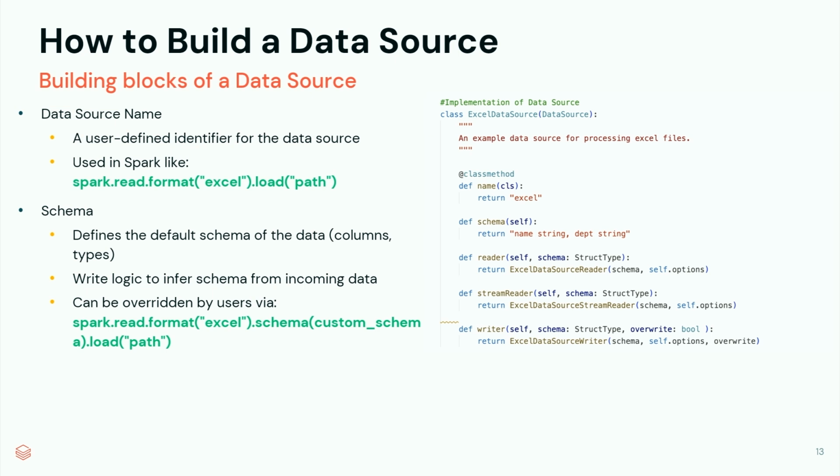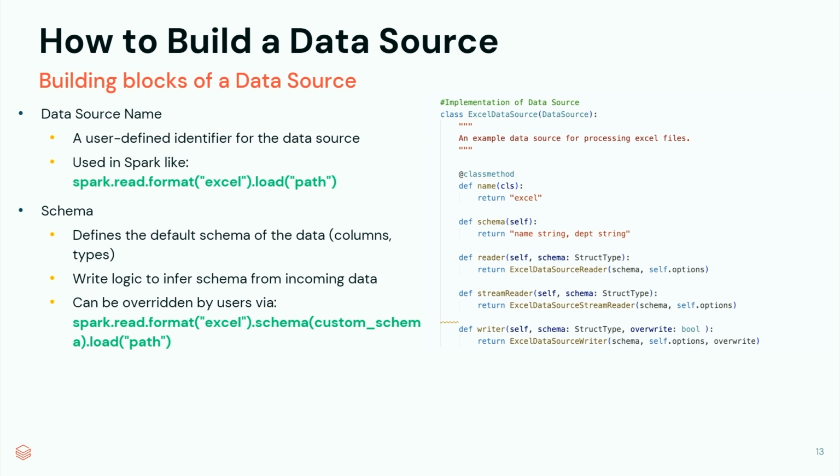Then the next thing is, I want to provide a schema. Because a Spark DataFrame is a structured API, I want to attach some kind of schema to it. So we have two options. Whenever we say spark.read.format and then we call the schema method, that's where you are providing your own custom schema.